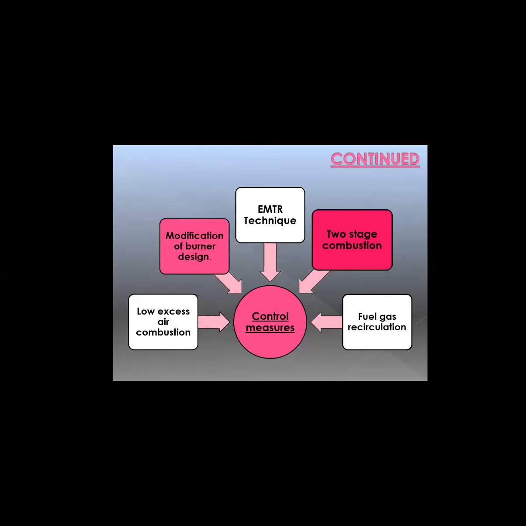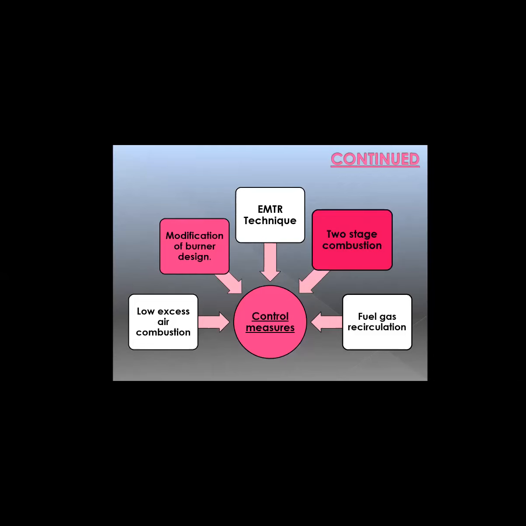And this is responsible for the emission of oxide of nitrogen. So we carry out the combustion in two steps. When we carry it out in two steps, the peak temperature is reduced. And as I said, if the peak temperature is reduced, the probability of combining nitrogen and oxygen together reduces to a greater extent.